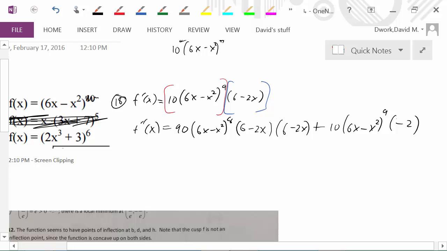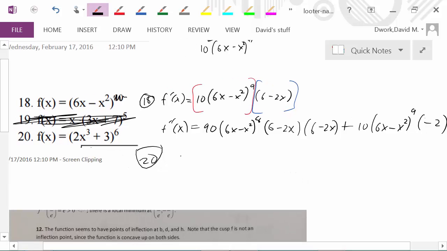There's number 18. And then I will scratch out number 20 now, since it seems like that may have been what you were talking about, that you were getting two of them. So let me do this real fast for you, just so you can verify your work. This would be 6 times 2x cubed plus 3 to the fifth times the derivative of the inside, which would be 6x squared.